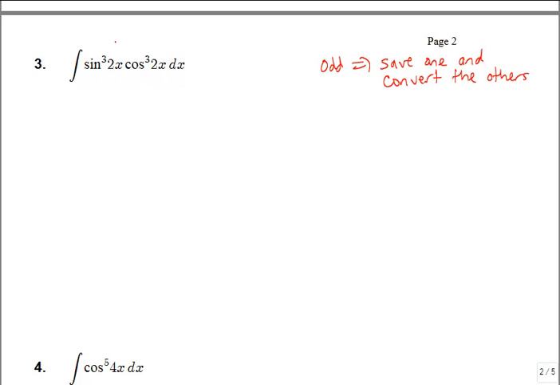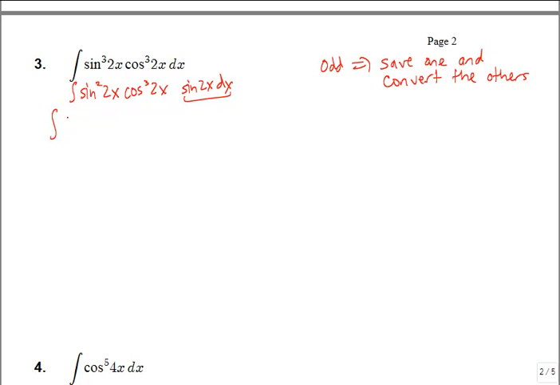So what I'm going to do is I'm going to take this sine cubed, and I'm going to think of it as sine squared 2x, cosine cubed 2x, and then that extra sine of 2x, I'm going to push it off to the side. That's the one I'm going to save for later. So the rest of this I want to convert to cosines. If you're saving a sine, convert it to cosines, convert it to its opposite.